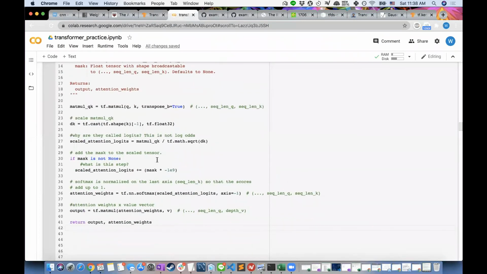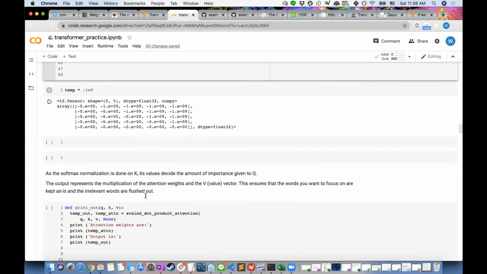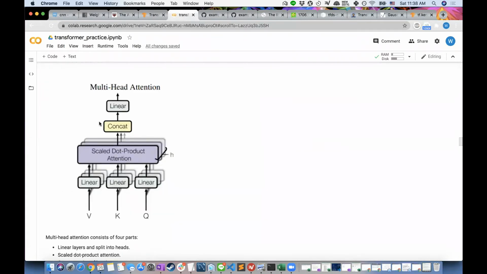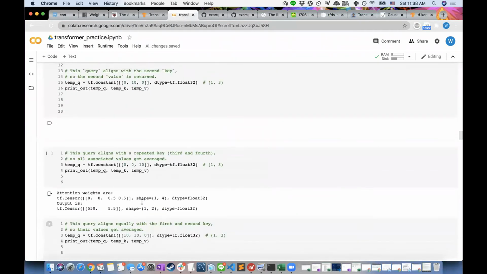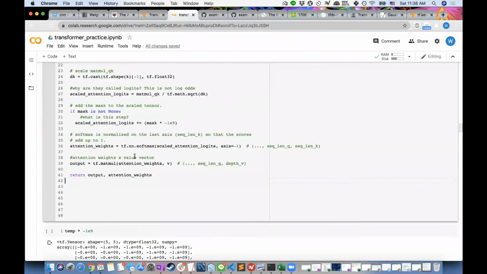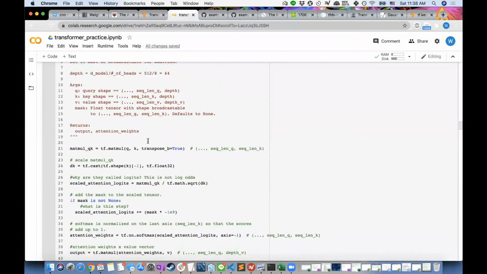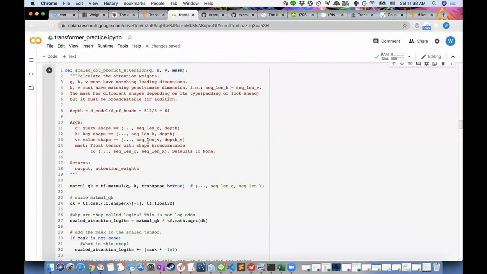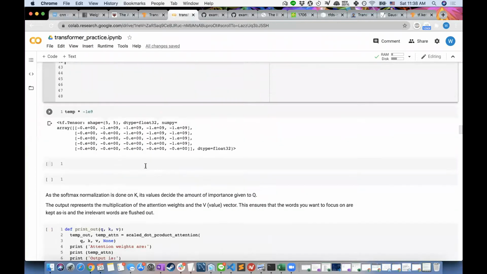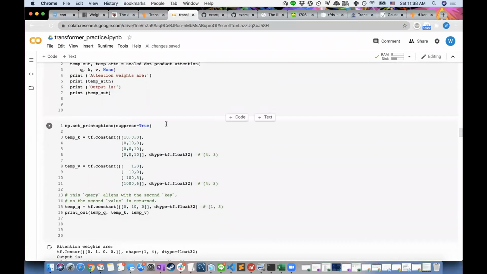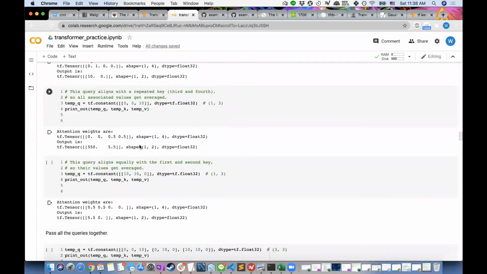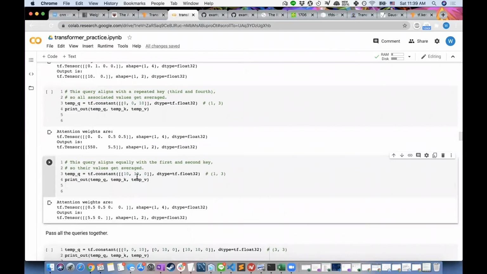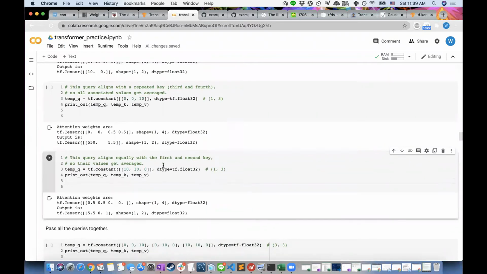We're just taking whatever it is and doing the calculation. And you split in the multi-head attention, but after splitting, you feed it into the scaled dot product attention. Okay. This is just testing with some temporary numbers, with examples.